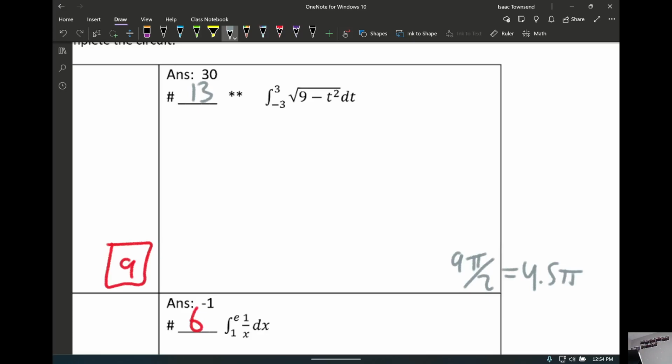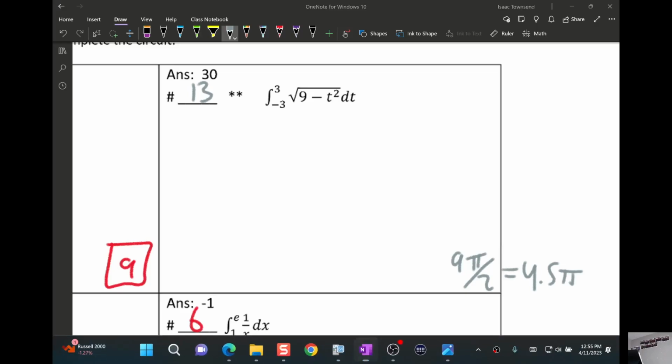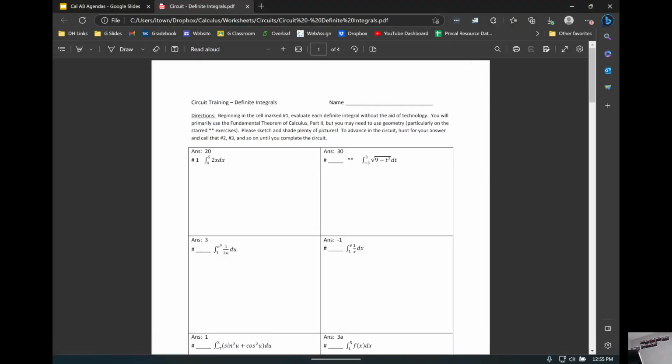Wait, pi r squared. 16 pi. So 4 squared is 16, divided by 4. It's quarters. Just 4 pi.